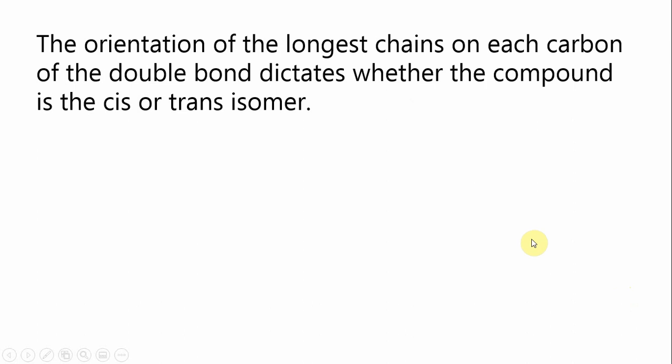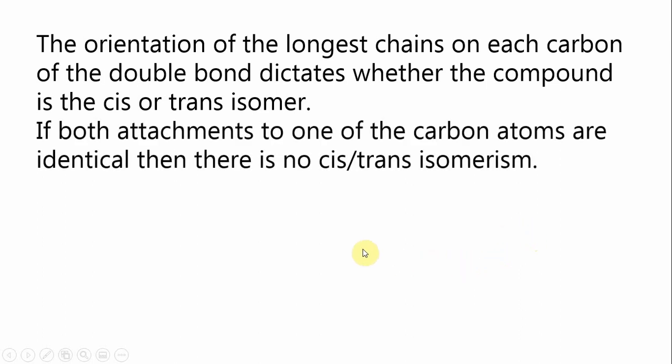All right, so the orientation of the longest chains on each carbon of the double bond indicates whether the compound is a cis or trans isomer. If both attachments to one of the carbons are the same, then you don't have any cis or trans isomerism. So in this example, on this end carbon, on this end of the double bond, there are just two hydrogens attached here. Since both things are the same, I can flip this around either way, and it's just flipping the molecule.